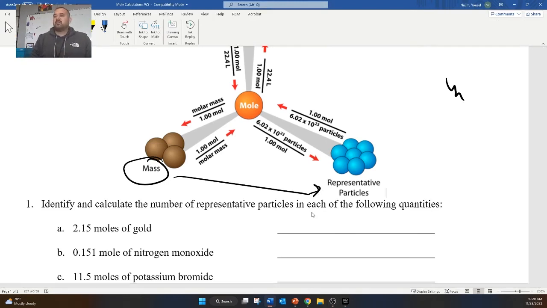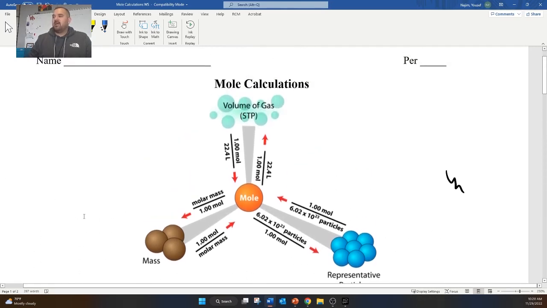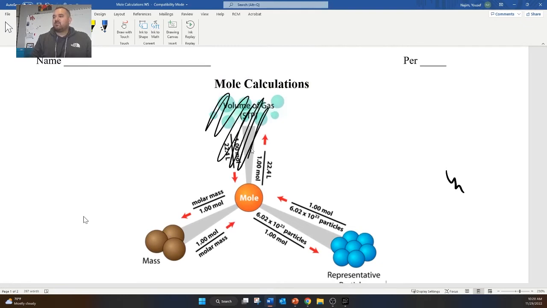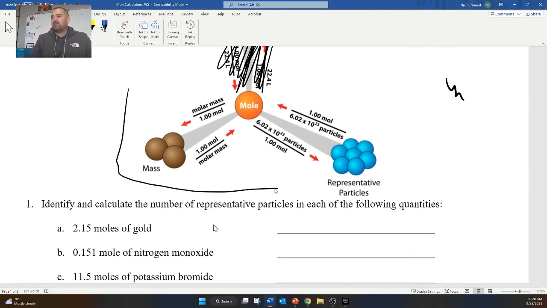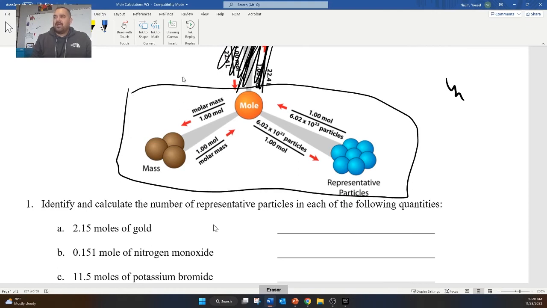What do we have to do first? We have to go from mass to mole, and then we can go from mole to particle. This triangle shows you volume as well. We're not going to be working with volume until next semester, so you can ignore this part right here. But if you want to write this down in your notes, this section shows you exactly what you're going to do when you're going from one part to another. All you do is follow the arrows.